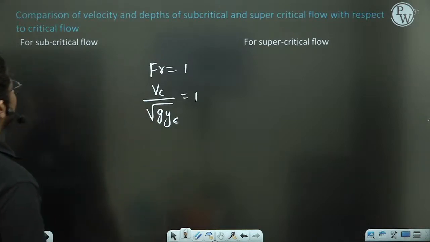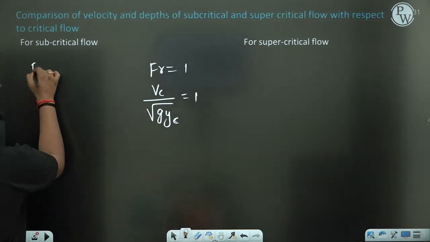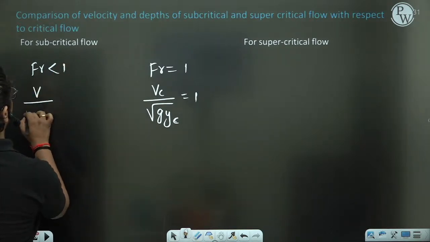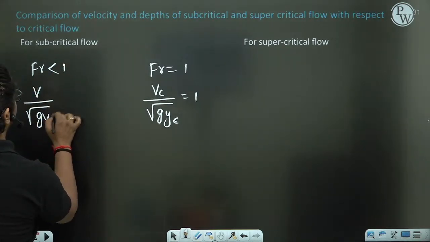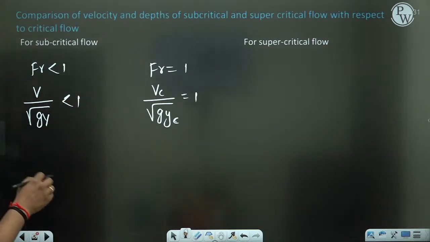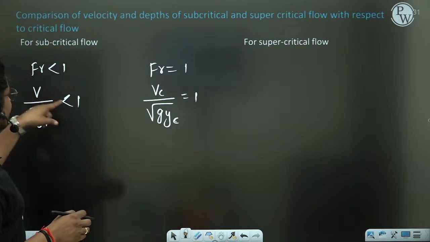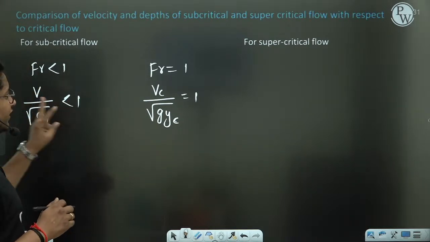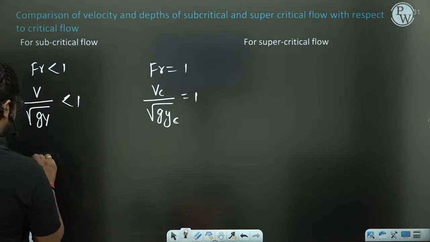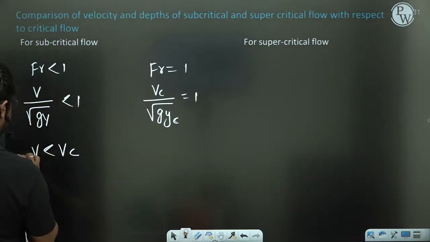Now look at the subcritical flow. Here, as you told, Fr is less than 1. That means V upon root under g into Y should be less than 1. Now tell me, what are the conditions in which this value will be less than 1? Only two conditions are possible. Either your velocity will be less than the critical velocity, that is the first condition.